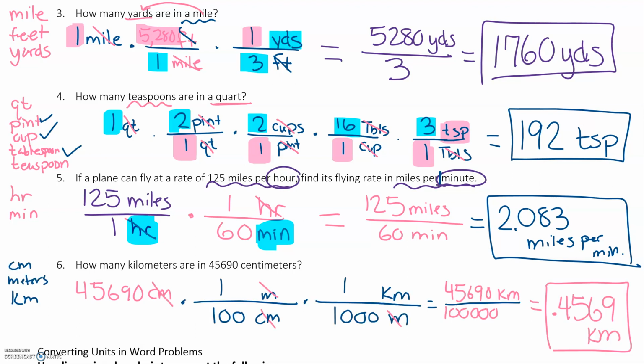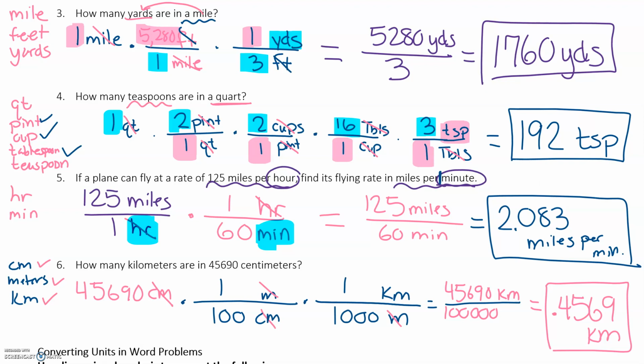All right, on this one, we started with the centimeters. We needed to go from centimeters down to meters and then end with our kilometers that we needed. Well, 1 meter right here, the first set of blue, 1 meter is the same as 100 centimeters. So that's the unit conversion we could set up. Then the next one is 1 kilometer is equal to 1,000 meters. So that's the one I set up.